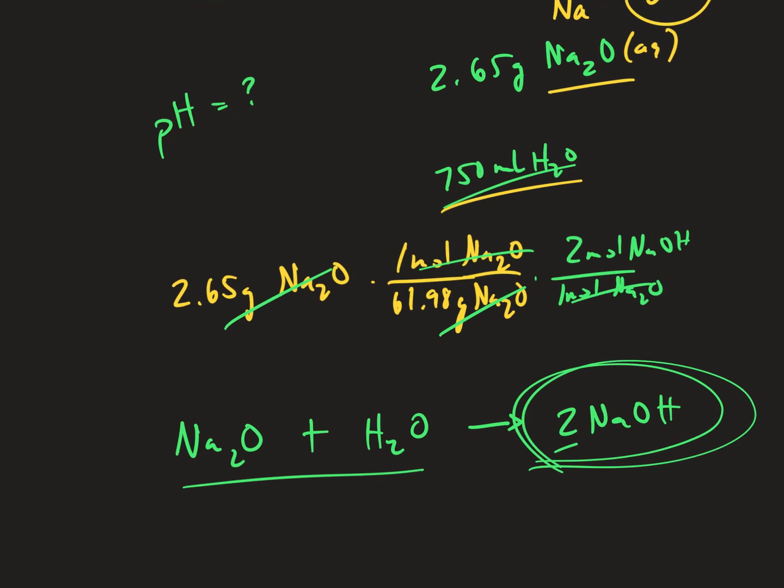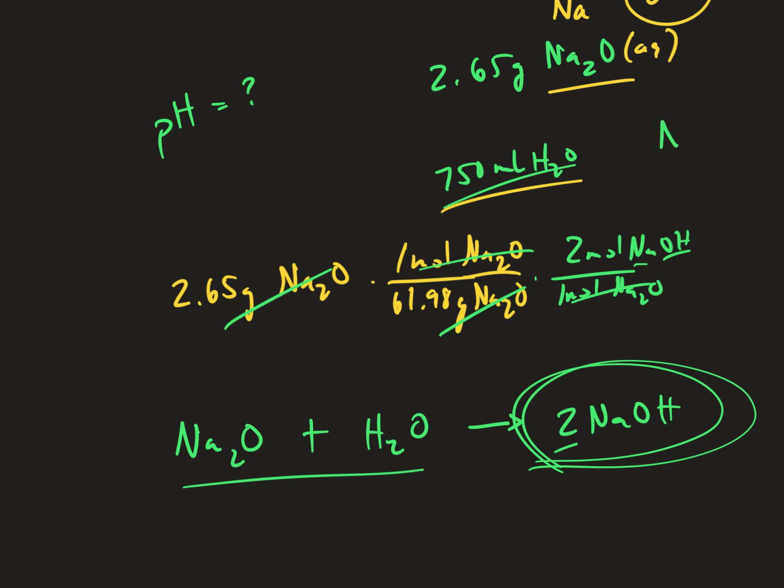So then, there are 2 moles of Na for every 1 mole of OH you have on there. Not quite, but 1 to 1.